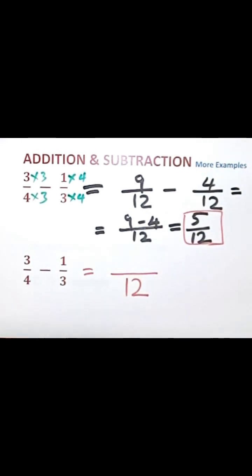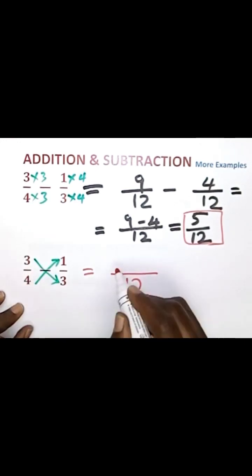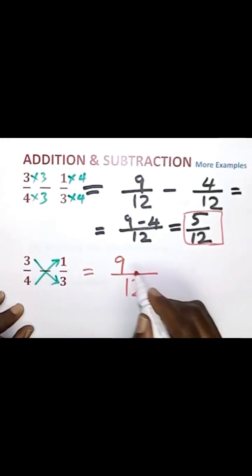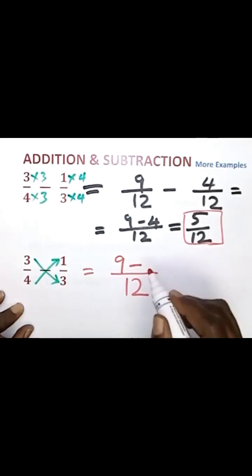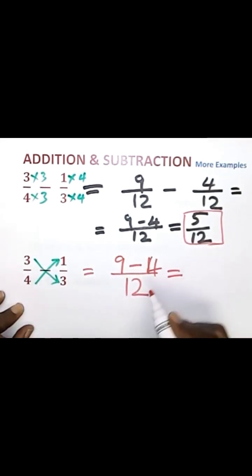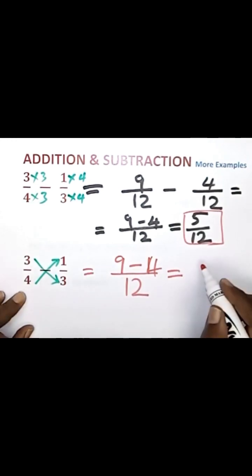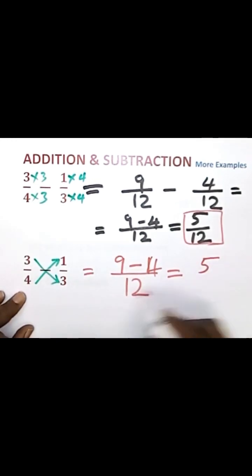Then the second step is to cross multiply the original fractions to get the new numerators. If we do that, 3 times 3 is 9. Remember, we are subtracting. 4 times 1 is 4. 9 minus 4 is 5 all over 12.